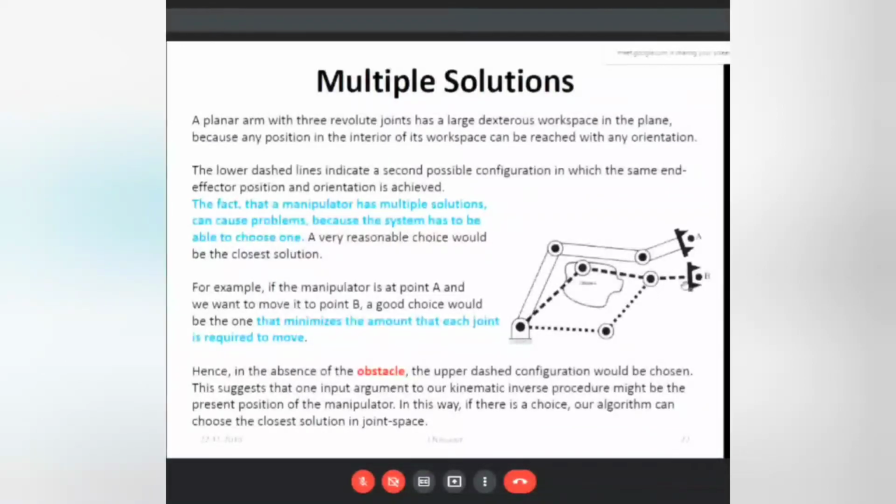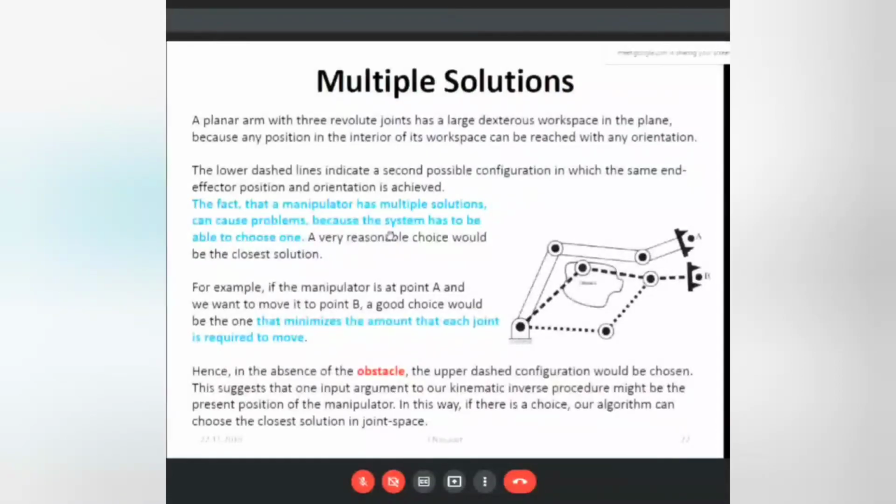The fact that a manipulator has multiple solutions can cause problems, because the system has to be able to choose one.